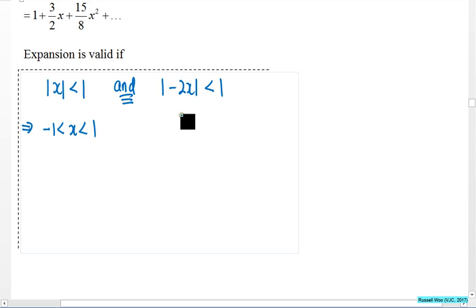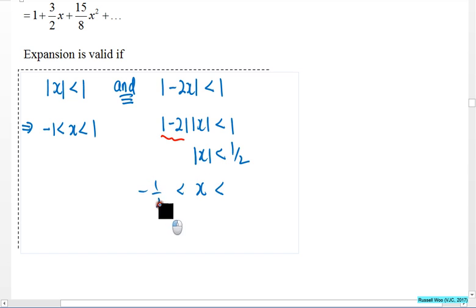And then what does this mean? This is actually mod negative 2 times mod x smaller than 1. And mod negative 2 is just 2. Correct? So I divide both sides by 2. I get mod x smaller than half. Which means that x must be between minus half and half.